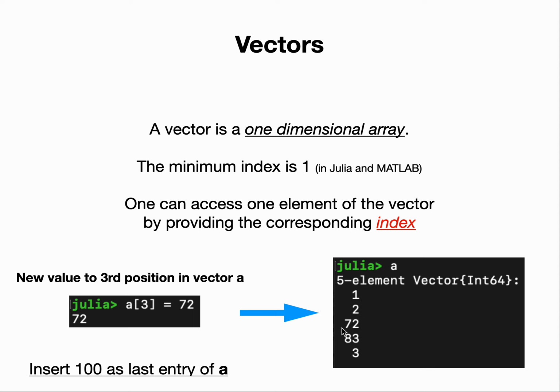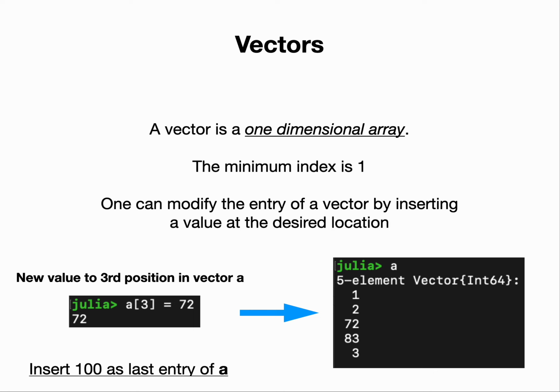It will be changed. So you have modified the value using indexing. That's very important. When we will be working with arrays, you will be using the index. And the index here will always be a positive integer number.